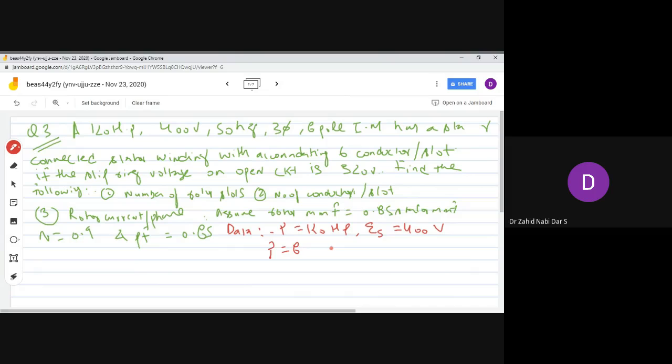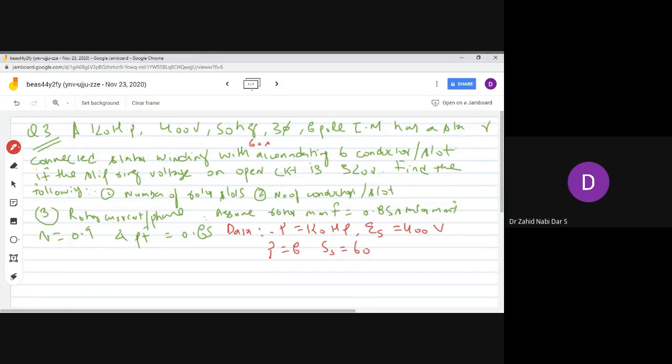Number of poles is equal to 8, and your stator slots SS is given, that is 60. Okay. The motor has a star connected stator winding with 60 slots.